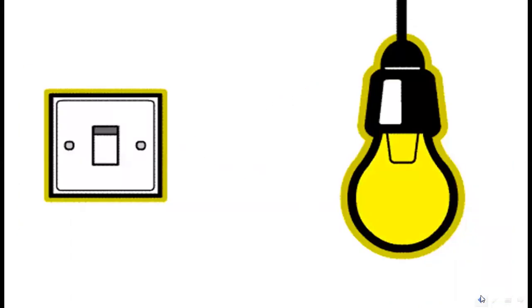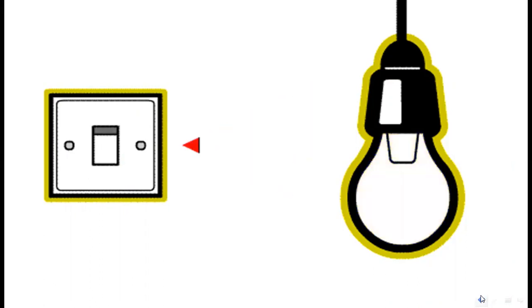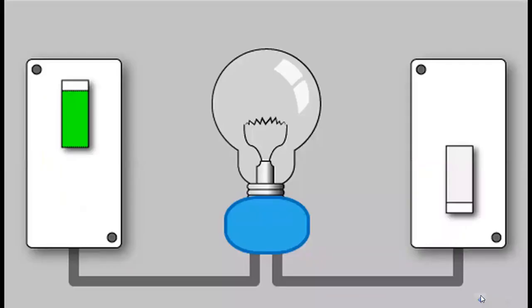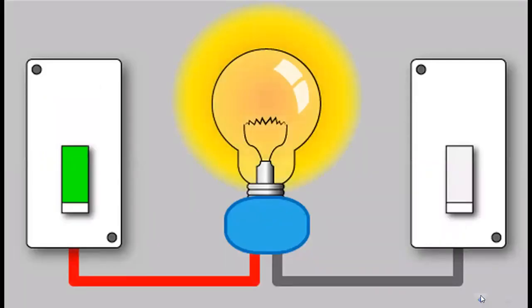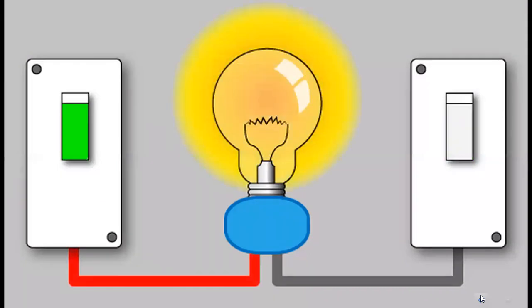Here you see, when you turn on, the bulb lights up. When you turn off, the light is gone. When it's turned on, electric current starts flowing. When you turn off, electric current stops flowing.